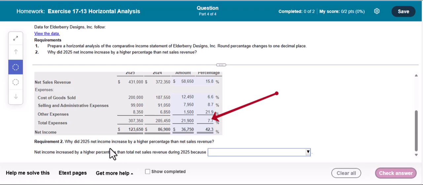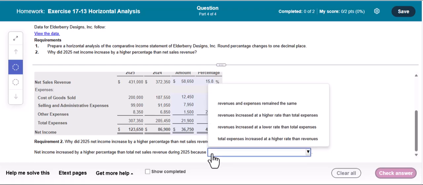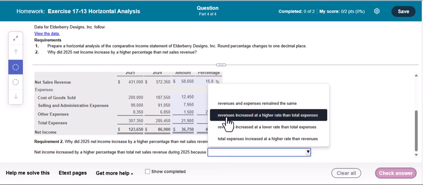So again, revenues increased at a higher rate than total expenses. So it looks like this company is in good shape. And then the answer here: net income increased by a higher percentage than total net sales revenue during 2025 because revenue increased at a higher rate than expenses. So that is it, and then we'll check our answer. Excellent.